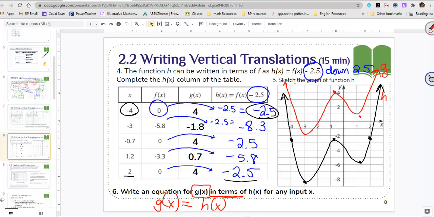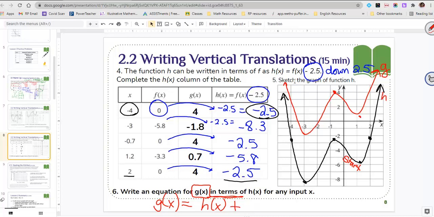So if I'm trying to write g in terms of h, I start with graph H. And I need to figure out how I'm going to describe the movement to get from H up to G. Now I just said up to, so that means I need to slide it upward.